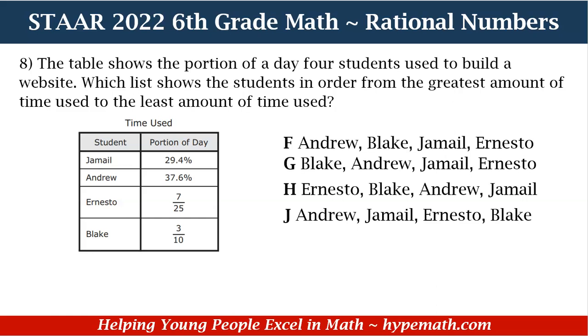For Jamel, it was 29.4%, Andrew 37.6%, Ernesto 7/25, and for Blake 3/10. Our answer choices are F, Andrew, Blake, Jamel, Ernesto; G, Blake, Andrew, Jamel, Ernesto; H, Ernesto, Blake, Andrew, Jamel; or J, Andrew, Jamel, Ernesto, Blake.